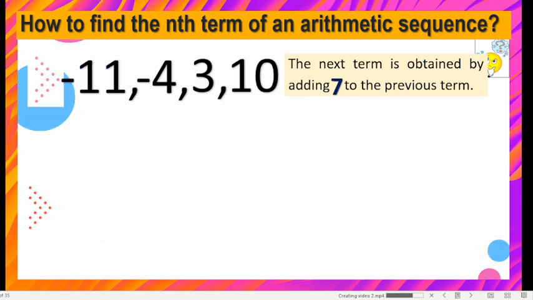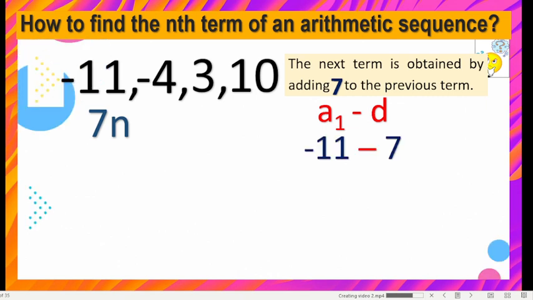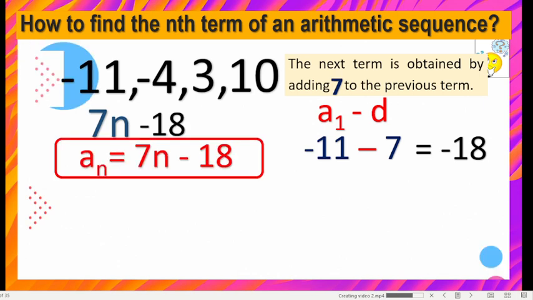Now, just simply affix 7 to n, and then subtract the common difference d from the first term. So, we have a sub 1 minus d is equal to negative 11 minus 7. Negative 11 minus 7 is negative 18. Hence, the nth term of this particular sequence is a sub n equals 7n minus 18.